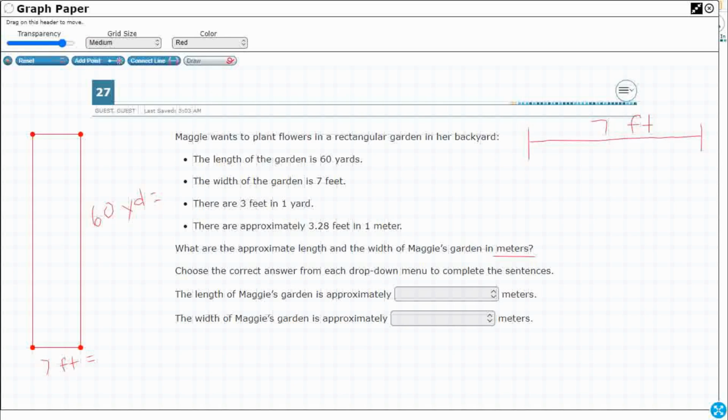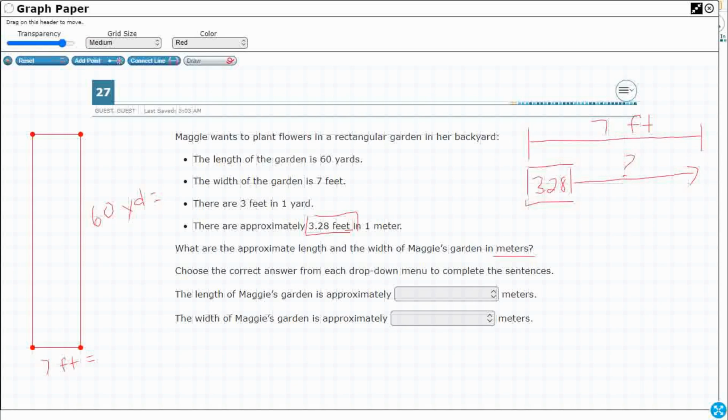and inside each of those feet, if I can take chunks of 3.28, I can turn those into meters, right? So here's my question: how many 3.28s can I get out of that?